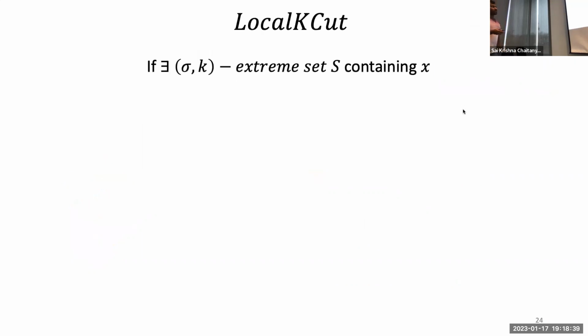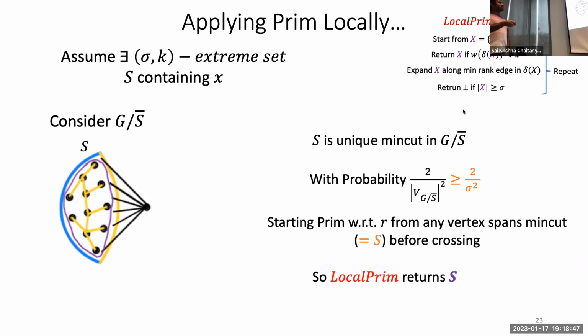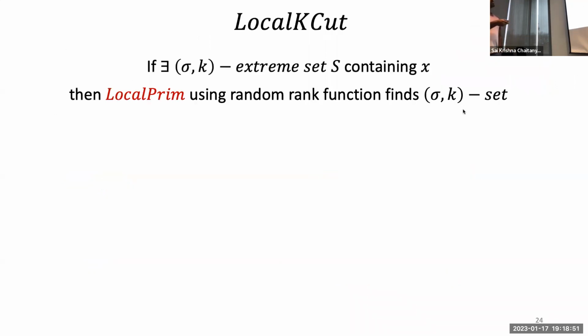Now, just to summarize what we have seen: if there exists a sigma k extreme set containing x, that is the structure that we have seen before. If there is such a good set around x, then the local prim using random rank function finds any sigma k set or the sigma k extreme set.